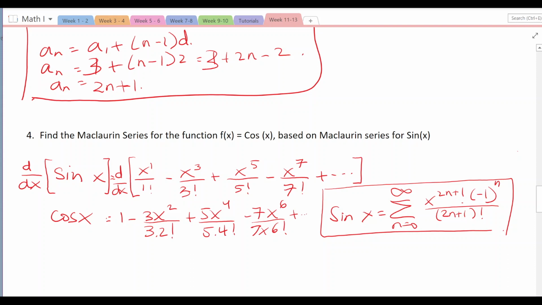So now we can start cancelling some things. 3 can get cancelled with that one, 5 can get cancelled with that one, and 7 can get cancelled with that one.